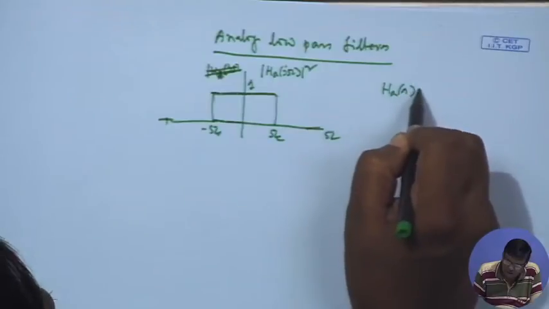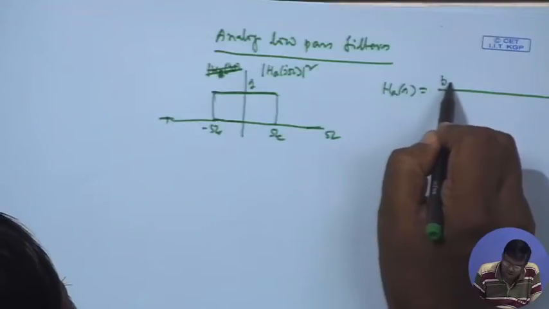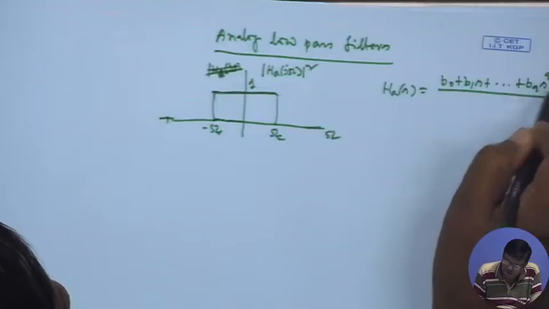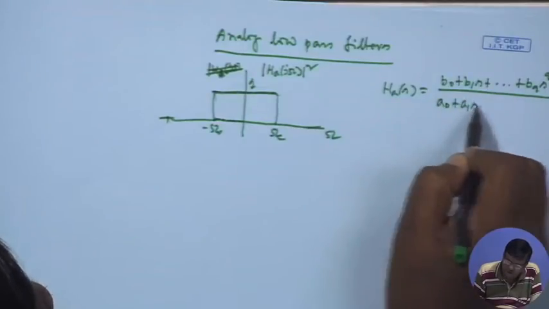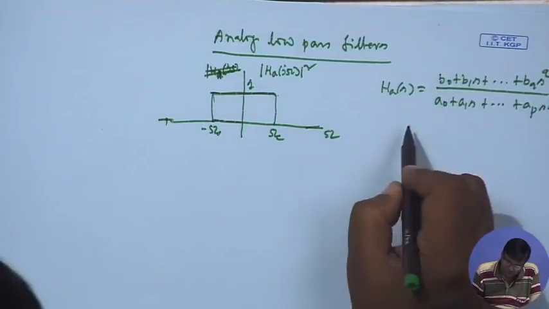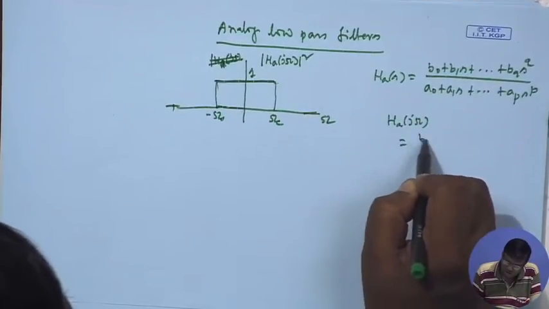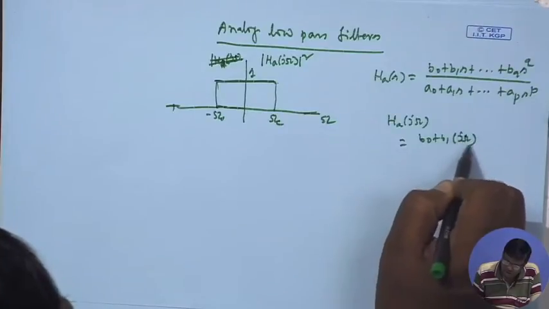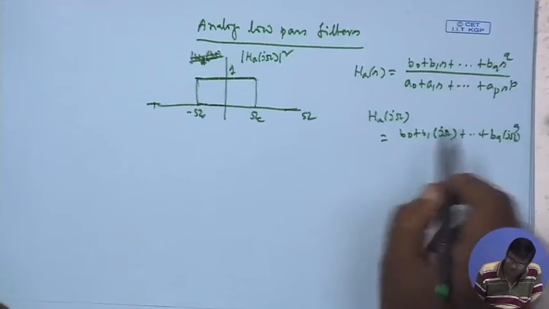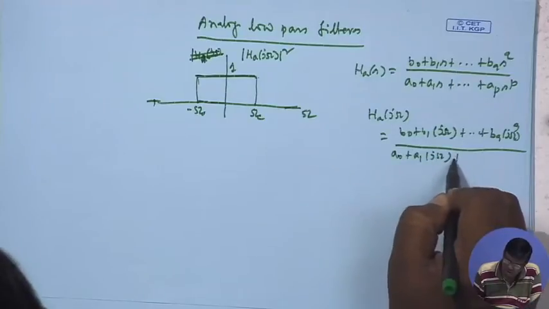And what is our purpose? To design an analog rational filter, a rational model of this kind, B0 plus B1 S plus dot dot dot B Q S to the power Q, divided by A0 plus A1 S plus dot dot dot plus AP S to the power P. Okay, and its frequency response is B0 plus B1 j omega plus dot dot dot B Q (j omega) to the power Q divided by the same with S replaced by j omega.